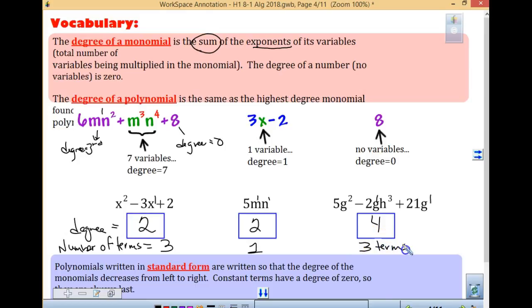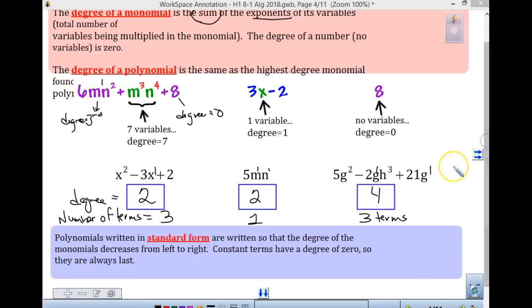Okay? So terms are always separated by addition and subtraction signs. And usually, like I said, you want to think of it more with addition. Polynomials written in standard form are written so that the degree of the polynomial decreases from left to right. Constant terms have a degree of 0.